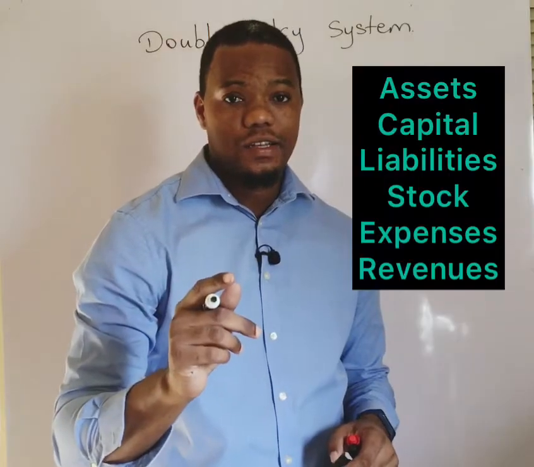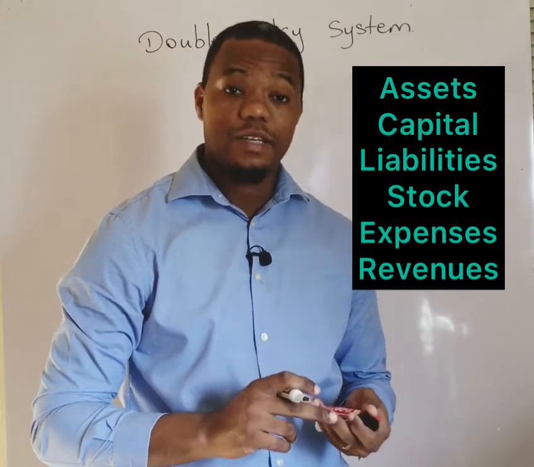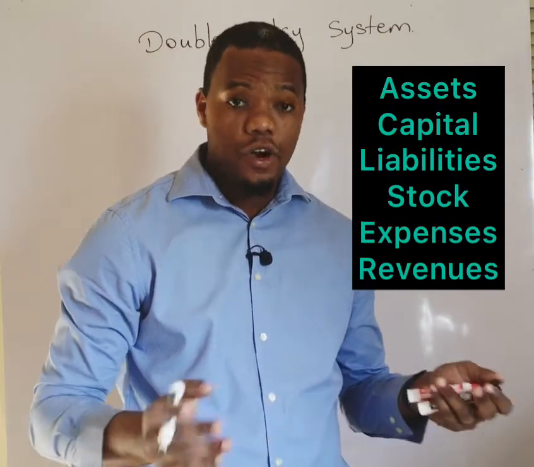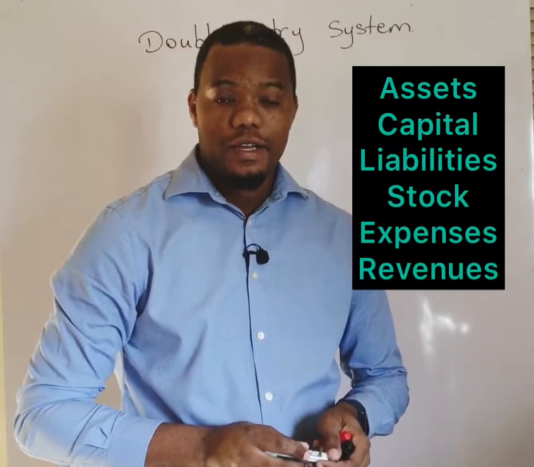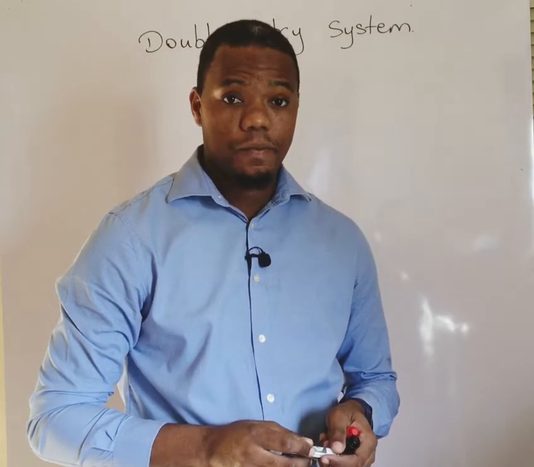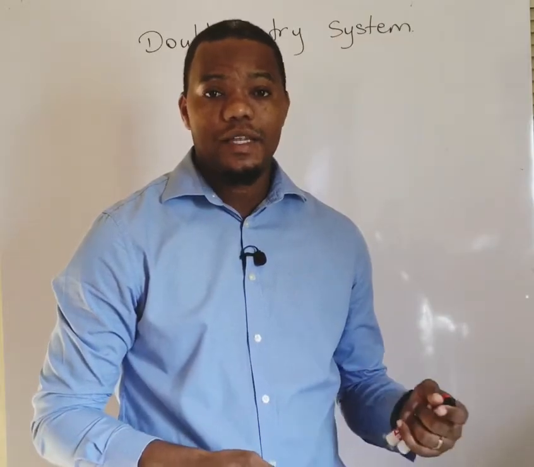All right, so then with the double entry system, we are going to be looking at the double entry system for assets, capital and liabilities, the double entry system for the asset of stock or inventory, and we're going to also be looking at the double entry system for expenses and revenues. We already know what assets, capital, and liabilities are.